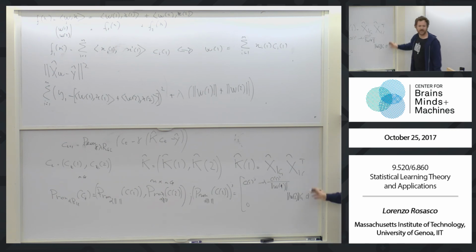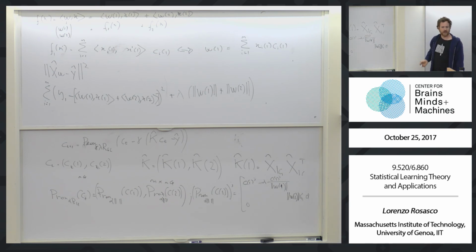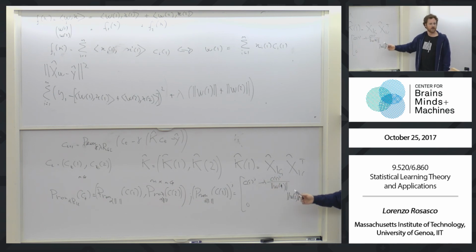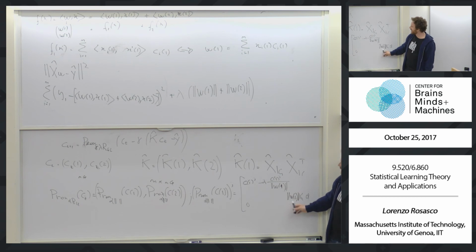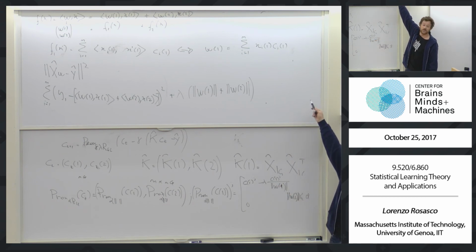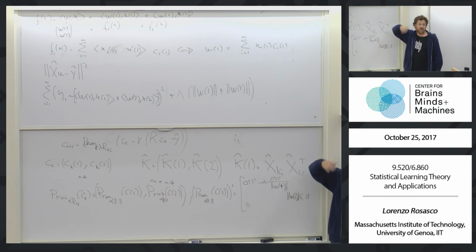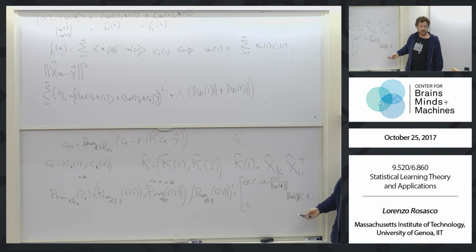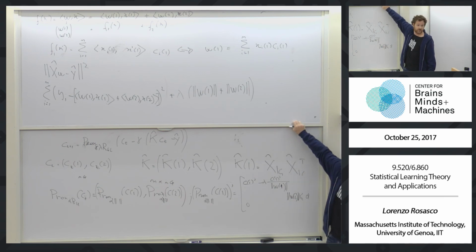What is the only bit that I'm missing that I still have to tell you? Suppose I have to run this. The rule of the game is that W should not enter the picture, right? Because if it does, we won't be able to kill W at once. But remember, the W's we're looking at are not generic W's, they are the W's that have that specific form.